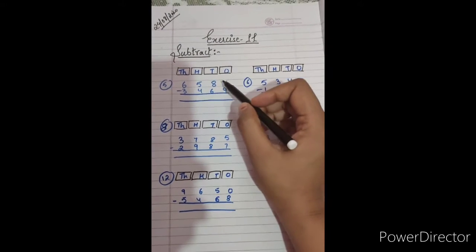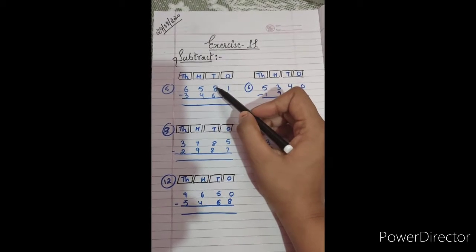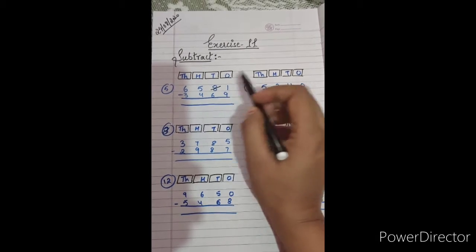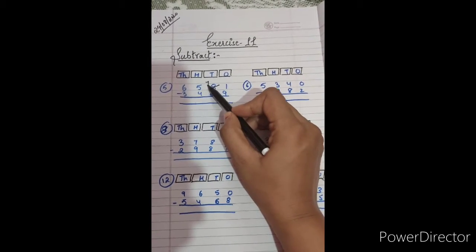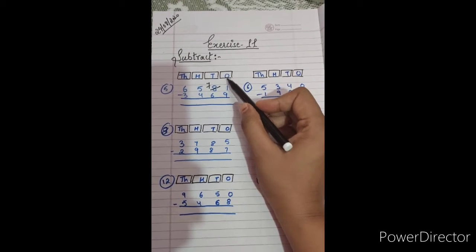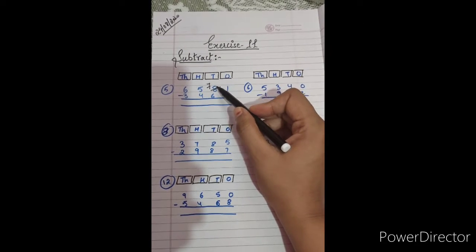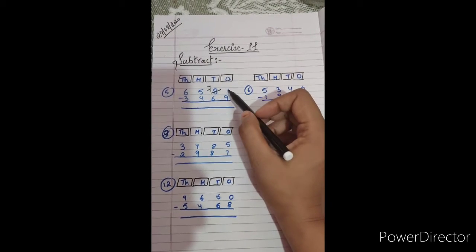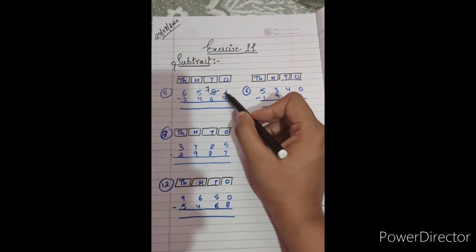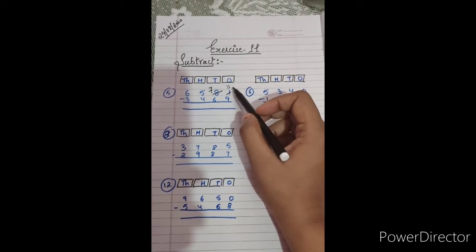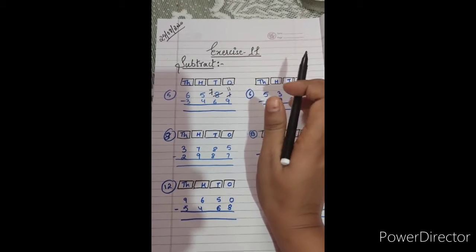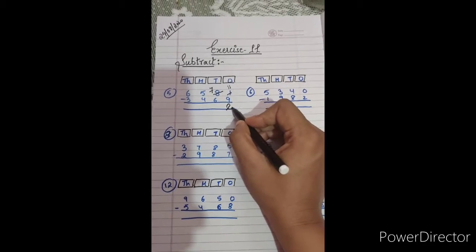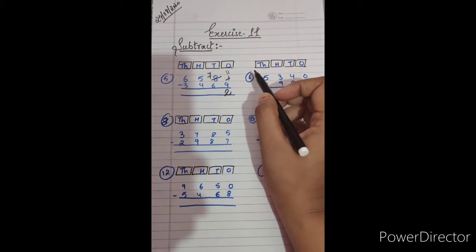Now from the tens position we borrow 10, and if 10 is borrowed, then leaving behind 7 tens, and in ones position 10 plus 1 ones. 10 plus 1 is 11 ones. So it is easily possible. 11 minus 9 is 2, right? So write 2 under the ones column.